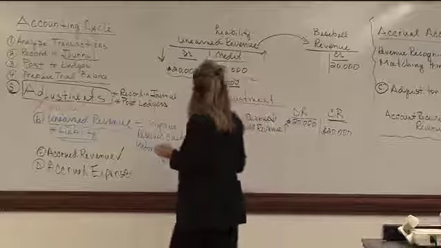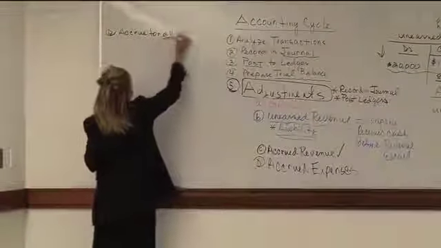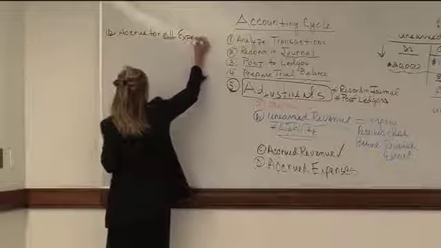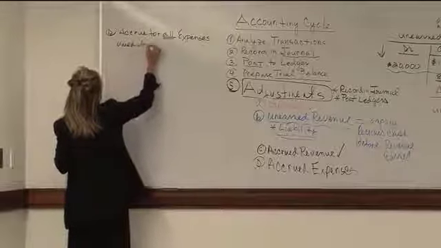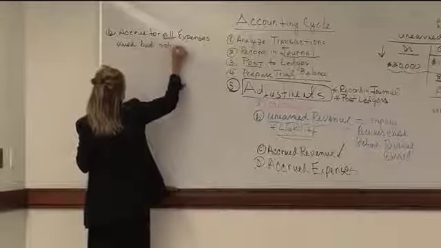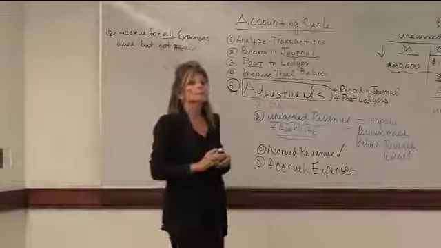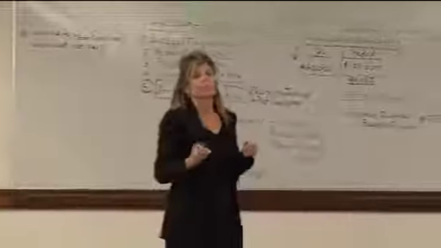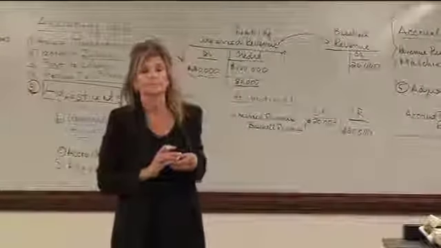All right, so our last category of adjustments is to accrue for all expenses owed but not paid. All right, so maybe you have salaries. You pay your employees every Friday.